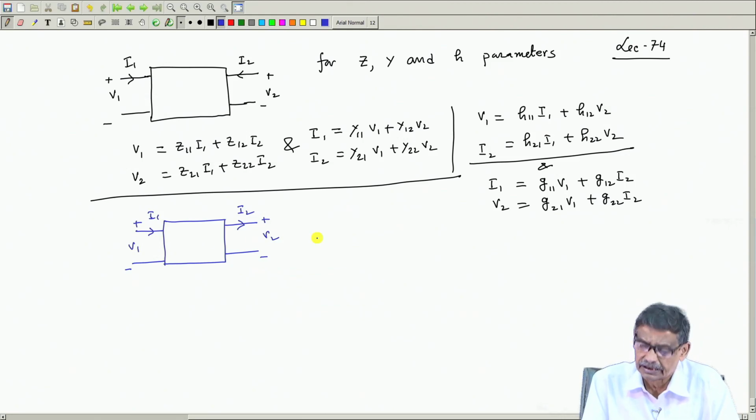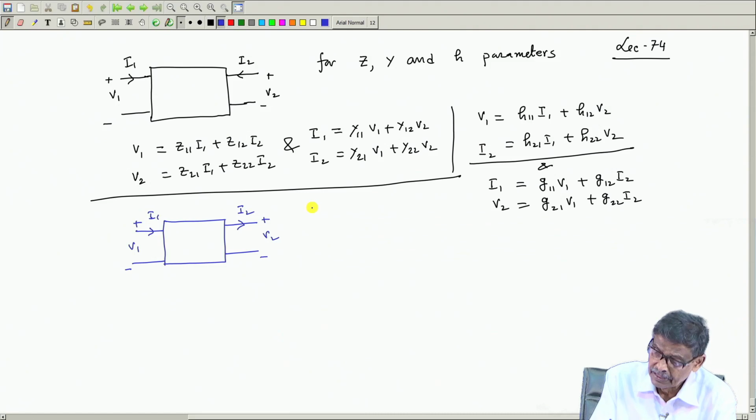You can write this as current entering, but then you should write minus I2. The input voltage and input current can then be related with output voltage and output current as V1 equals A V2 plus B I2, and I1 equals C V2 plus D I2.